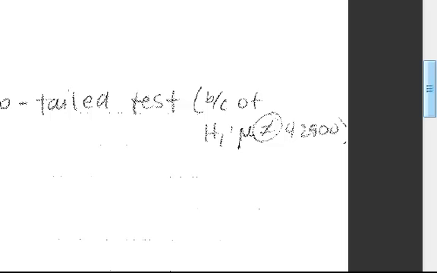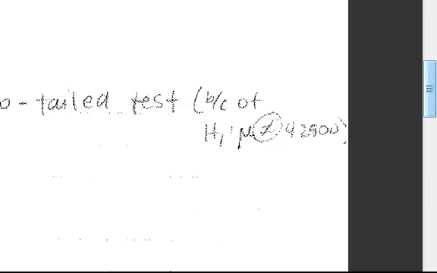We also know that we have a two-tailed test, which is determined by the alternative hypothesis, and that not-equal-to sign in the alternative hypothesis says that we have a two-tailed test. So I go to my t-table, go down to the degrees of freedom of 14, and go over to the significance level of 0.05 in the row that signifies a two-tailed test, and I find that my critical value is 2.145.